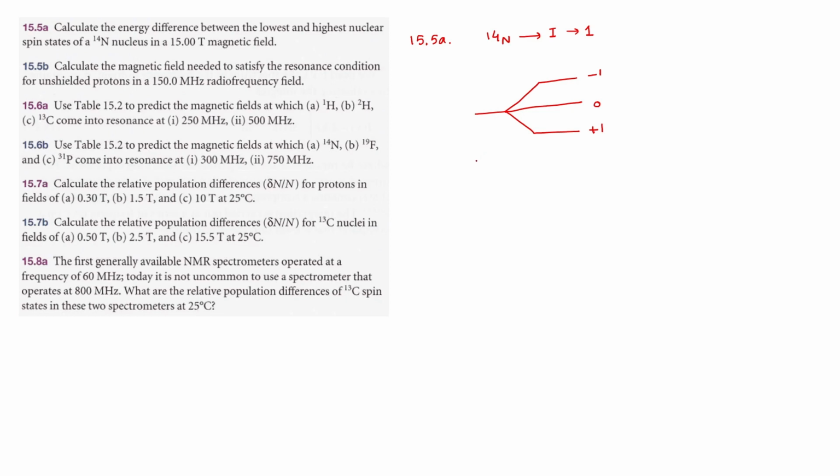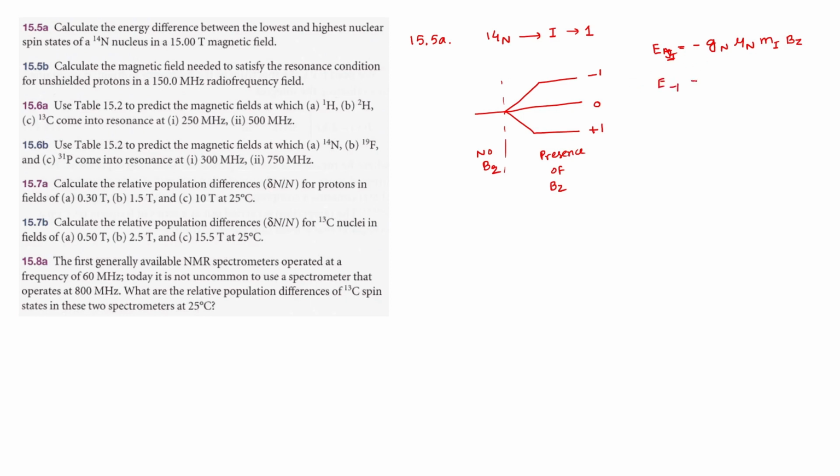Here, with no B0 or Bz, the states are degenerate. In the presence of Bz, the degeneracy is lost. Now we know the formula: E_mI equals minus Gn mu_n mI Bz.